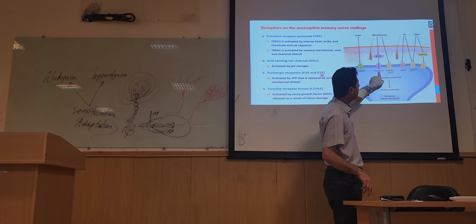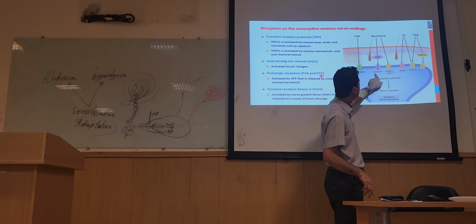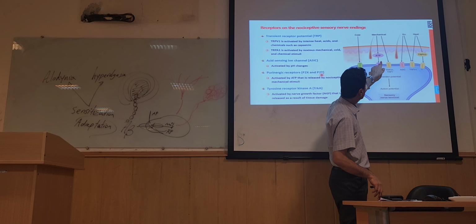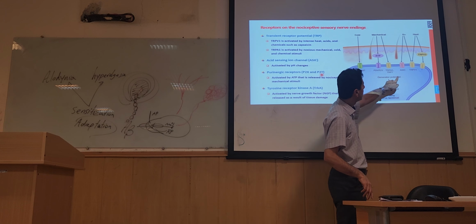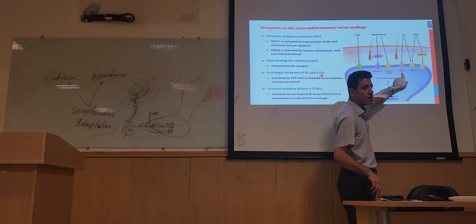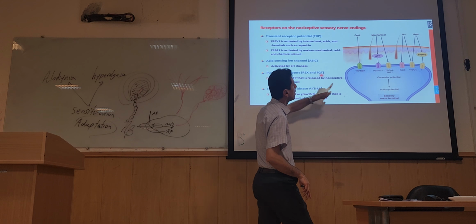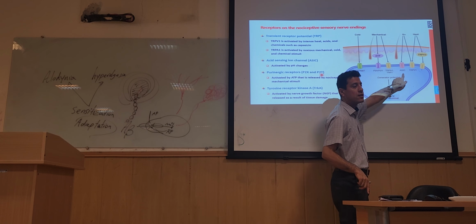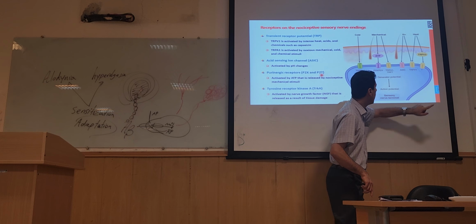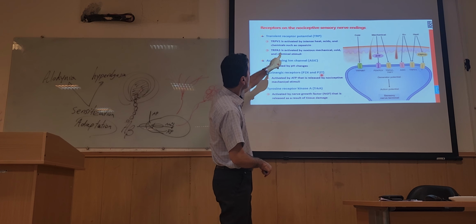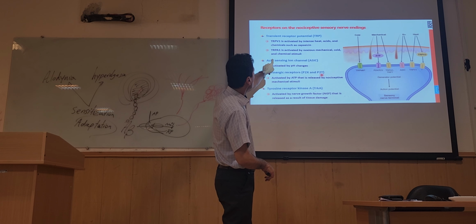We have ATP channels. We have TRPA1, which is activated by mechanical energy. We have the acid sensing ion channel, ASIC. We have TRPV1, transient receptor potential V1.